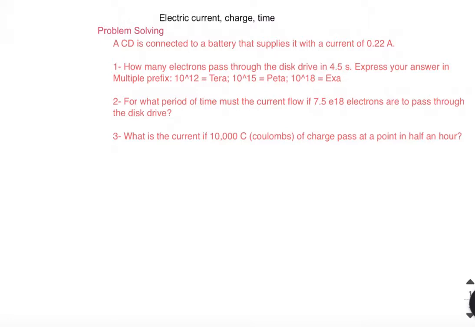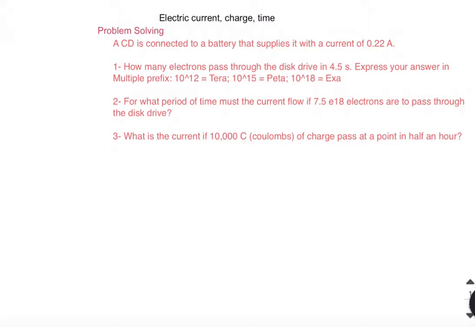So if you multiply the number n of electrons by the charge of an electron, that would give us the total charge Q. If you divide it by a given time, that will allow us to figure out the electric current. So let's solve this problem, and we will just focus on this simple equation.